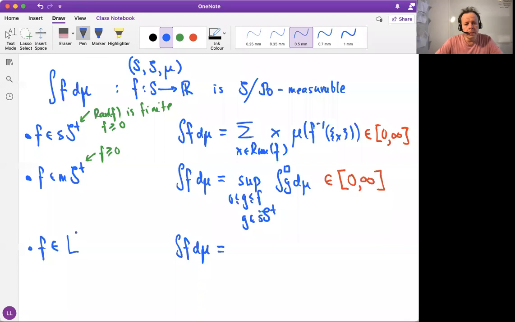That space will be denoted by L1 of calligraphic S. This is defined as those measurable functions such that the integral of the absolute value of f is finite.